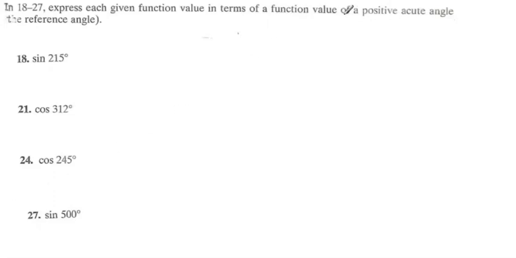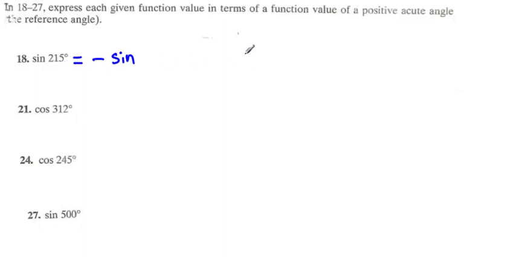All right, so here we want to express each given function value in terms of the function value with the positive or acute angles, meaning we're looking at the reference angle. So first of all, when you look into the sine of 215, you will realize that 215 is on the third quadrant. On the third quadrant, sine is negative, so we're going to have negative sine.